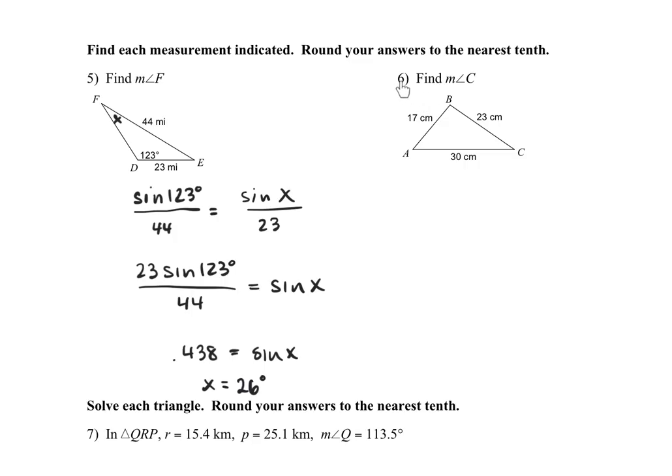Okay, so for question 6, we're finding the measure of angle C. And the given information is side, side, side, so this is law of cosines. So if I'm trying to find the missing angle here, then I'm going to begin the law of cosines formula with the side across from it, so 17 squared.